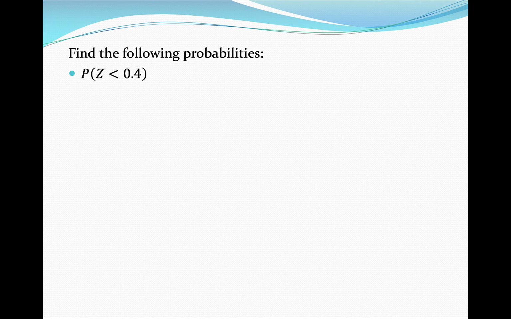It's important to note when you see this first example, you'll notice that it says the probability that z is less than 0.4. Whenever we have a probability distribution, we typically identify the outcomes as x. That is almost always the case in statistics.